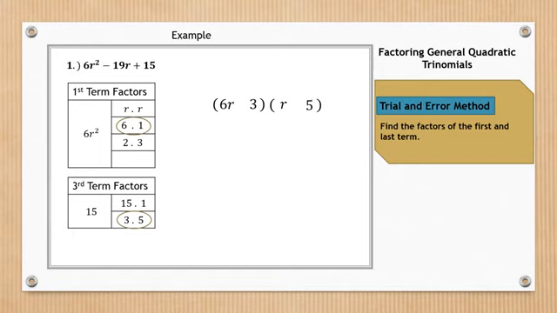Then you go back to your given and look at the last term, sign, positive. After nakita mong positive, tingnan mo ang third or the middle term, negative. If kanina class, last term is positive and the middle term is positive, all the signs are positive sa in between ng mga factors natin.